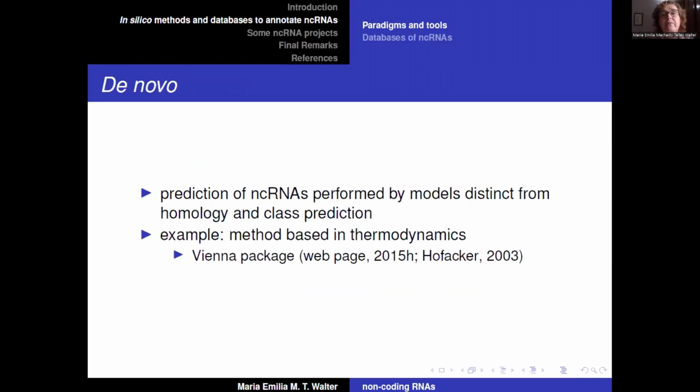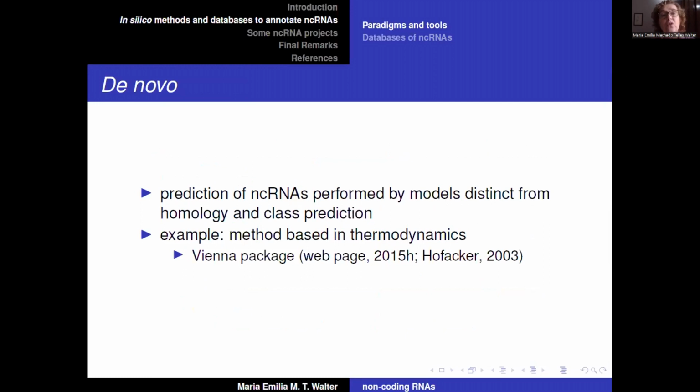Next, please. Another paradigm is known as de novo, where you use models distinct from homology and class prediction. A very well-known package broadly used to annotate non-coding RNAs and to infer secondary structures, and which produced the things I showed you previously, is Vienna.